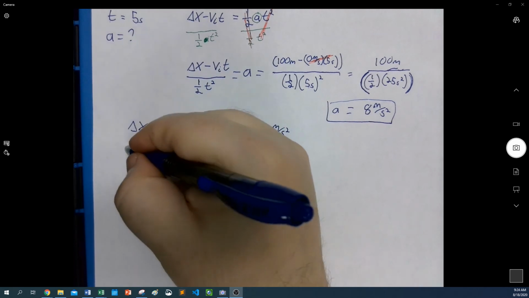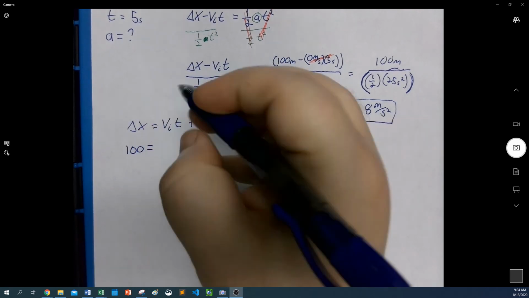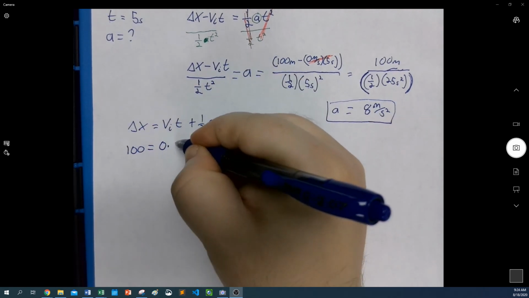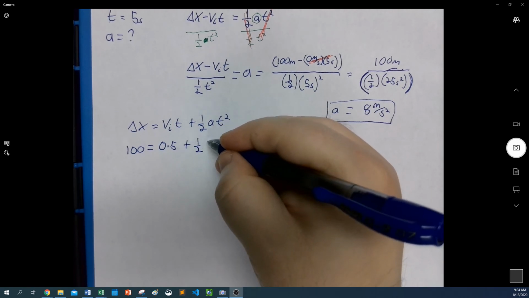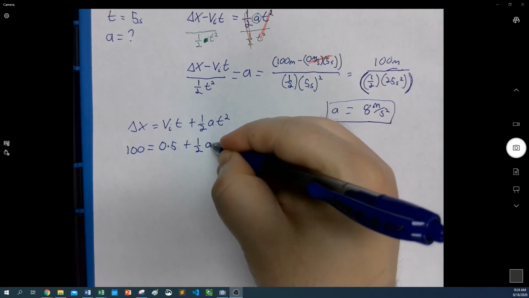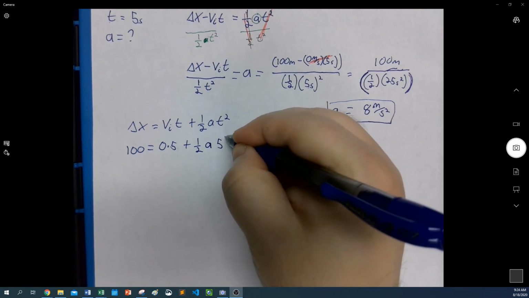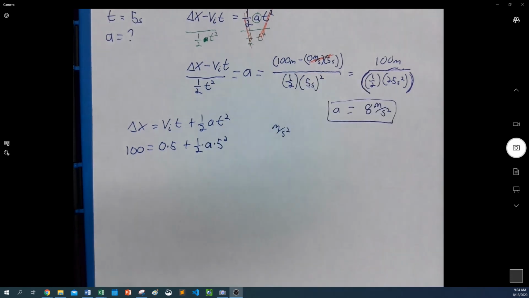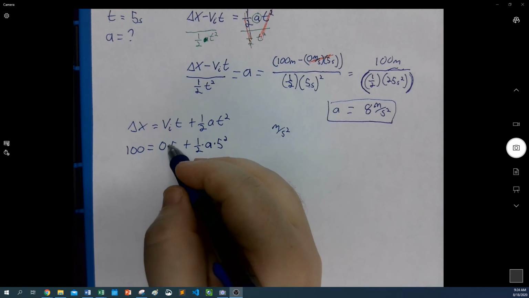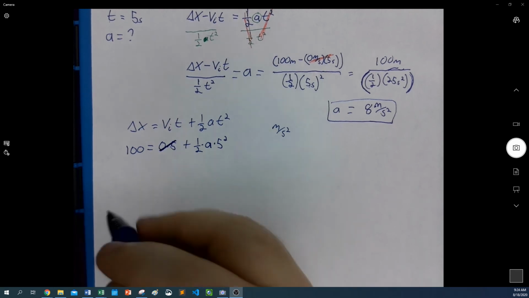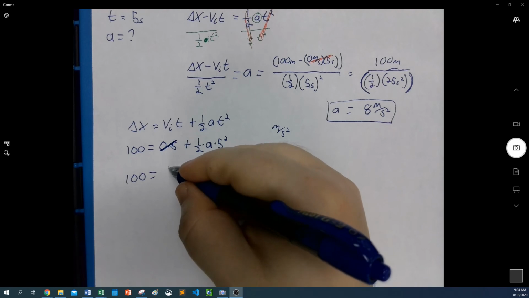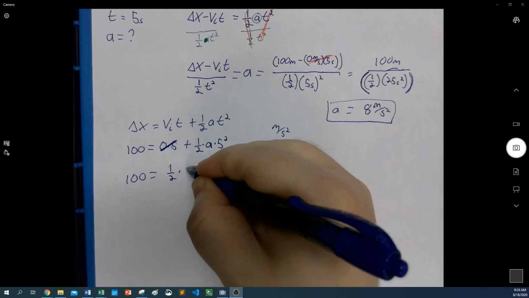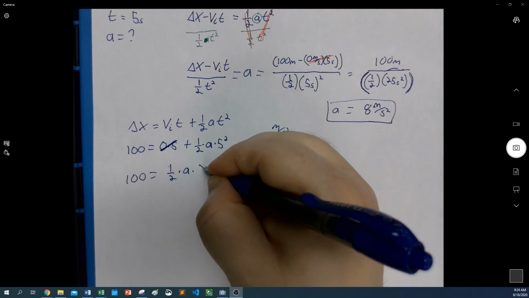So take your delta x, plug in 100. This would be 0 times 5 plus 1/2 times a times 5 squared. So 0 times 5 cancels each other out. That'd be 100 equals 1/2 times a times 5 squared, which is 25.